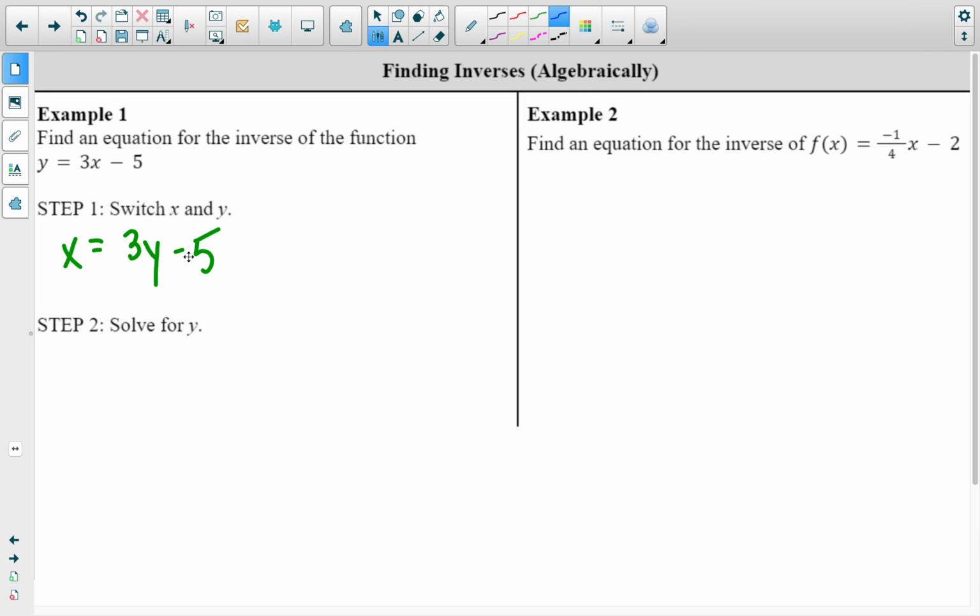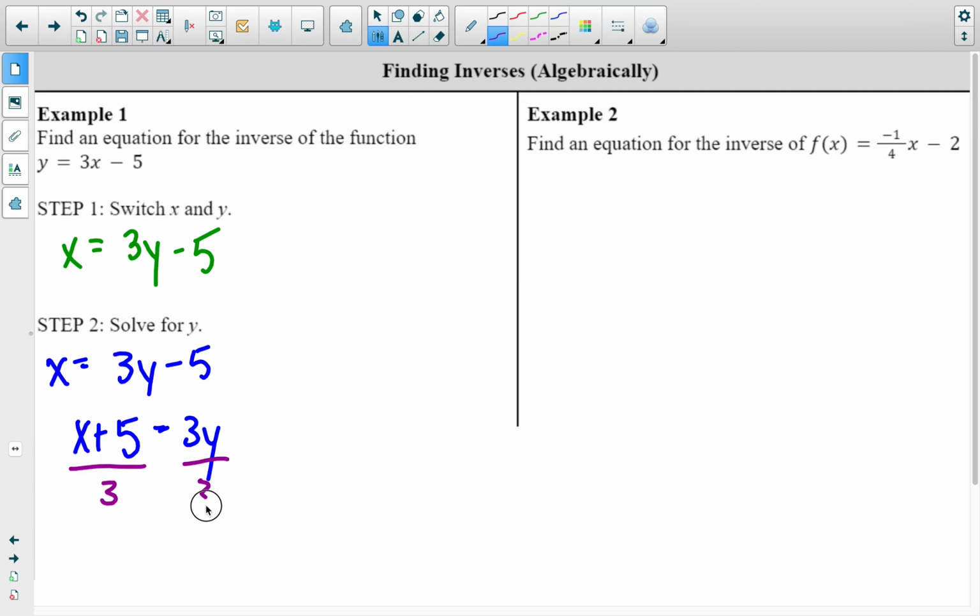If we have x equals 3y minus 5, we want to add 5 to both sides: x plus 5 equals 3y. Then to get y by itself, we divide both sides by 3. Those 3's cancel, and we end up with x plus 5 all over 3 equals y.